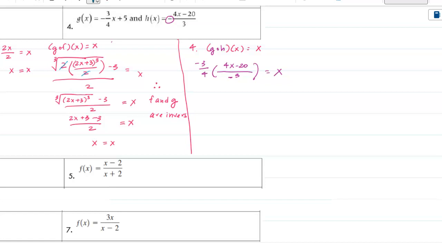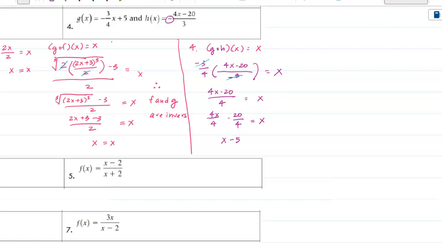I could completely cancel this out. So I end up with a 4x minus 20 divided by 4. So that's 4x over 4 minus 20 over 4. X, so that's x minus 5. X minus 5. I don't think it will work, buddy.